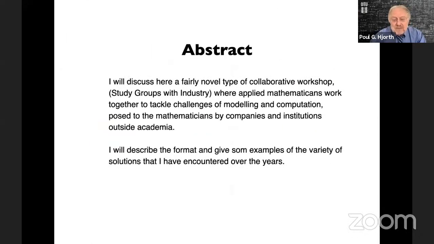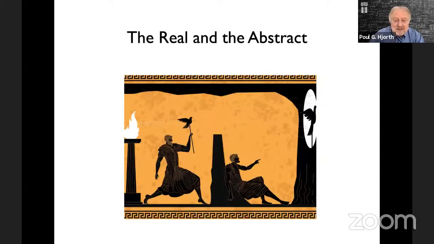the description of study groups, I will say a few general things about my thinking about this as a broader concept, because I believe this is an all mathematics series of seminars, and not just for applied mathematicians. And where do we stand on this issue between the real and the abstract?